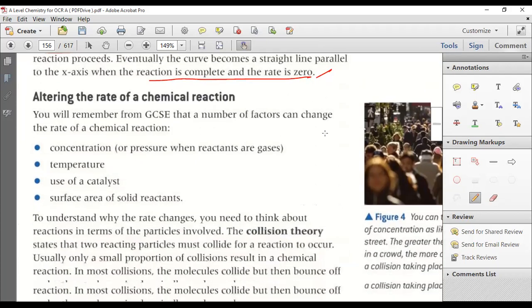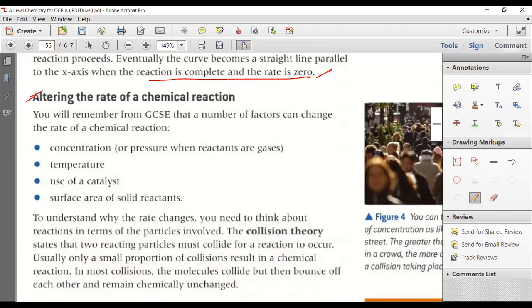Now, how can you alter the rate of a chemical reaction? Or you can say, factors that can change the rate of a chemical reaction. The first factor is concentration or pressure: concentration in terms of liquids and solids, and pressure in terms of gases. The second is temperature.